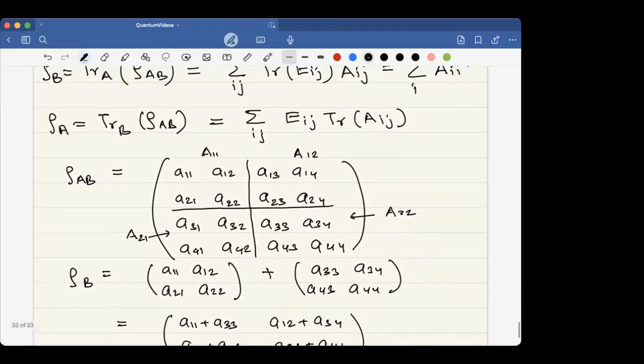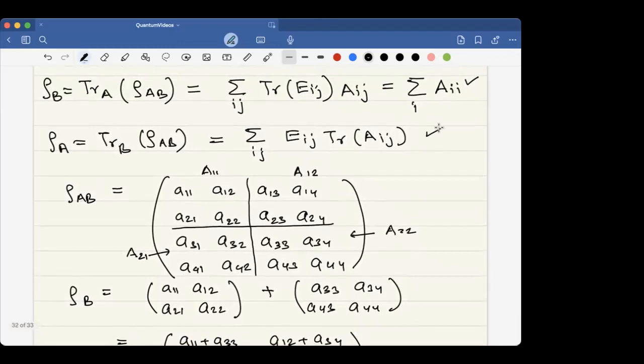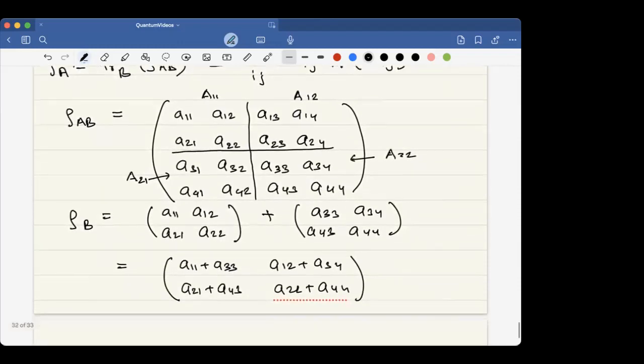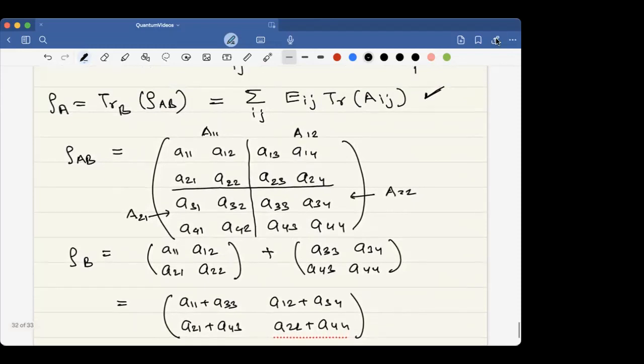Now, if I look at this other equation over here, the reduced density matrix of subsystem A will be given by this equation. So you have to take the traces of these blocks and multiply with Eij. So let's start taking the trace.